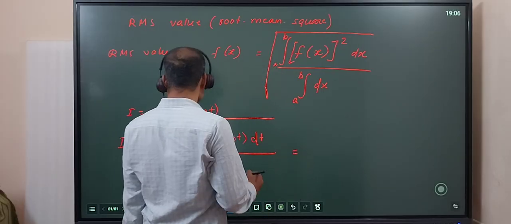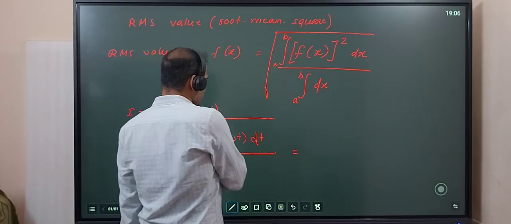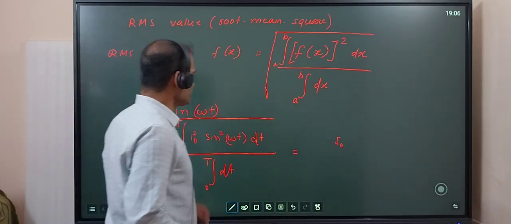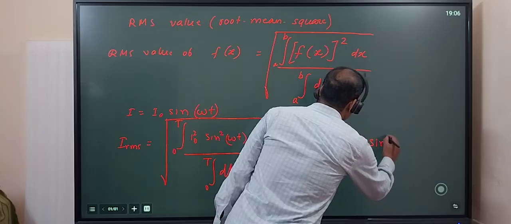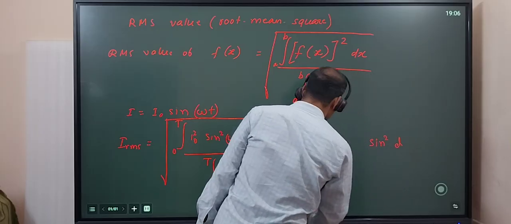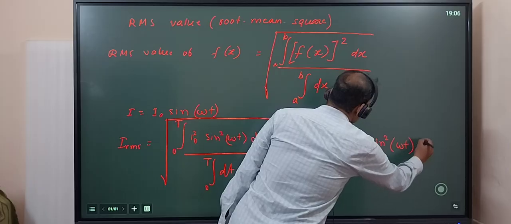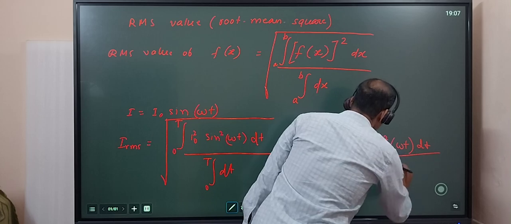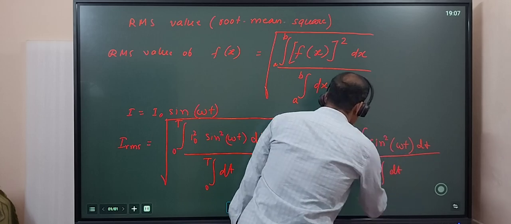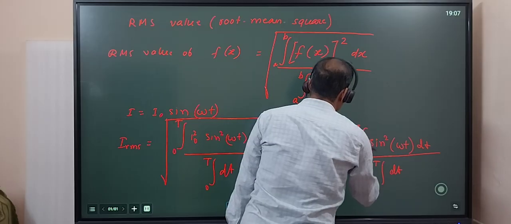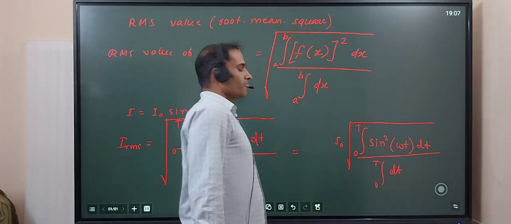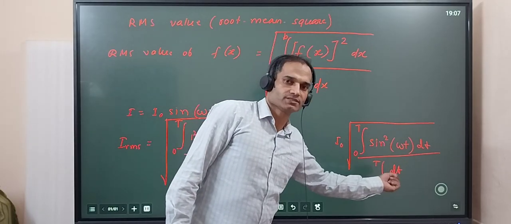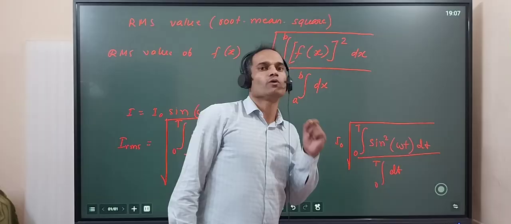So what are we going to get? I naught you can take out, and we are going to find the RMS value of sine square omega t dt divided by dt, both from 0 to T. The RMS value of a sine function over a period of time will be 1 by root 2.